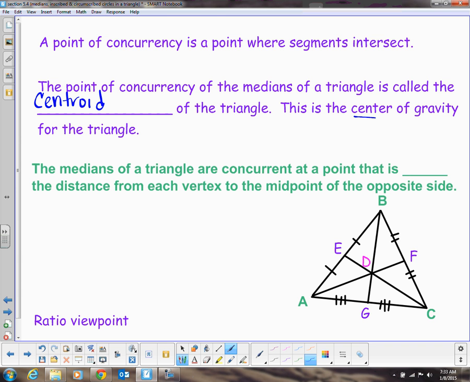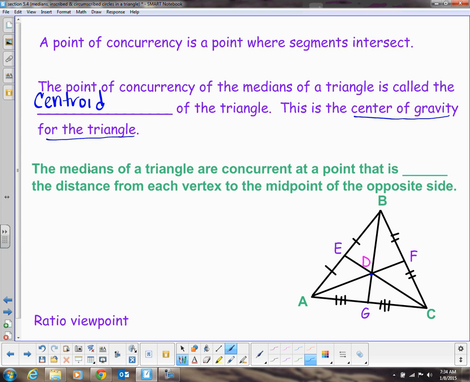This is the center of gravity for the triangle. What that means is, if you locate the centroid, and let's say you made your triangle out of paper stock that's kind of stiff, and you put your pencil point on that centroid, you can balance your triangle on your pencil point. Center of gravity.